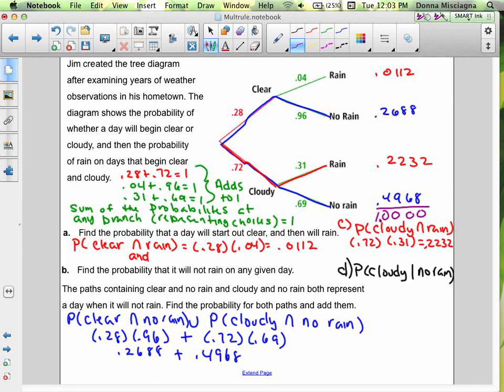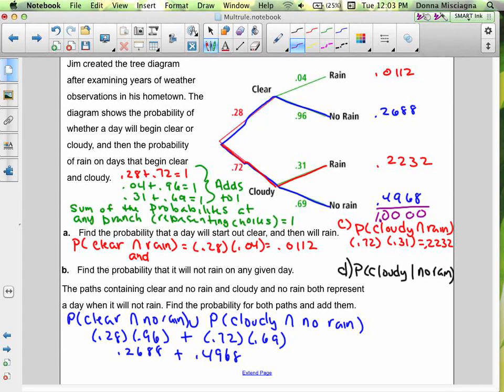When we add them all together, the probability is 1. So it doesn't matter which set of branches you're going down. When you look at your two options, clear and cloudy, rain and no rain, or if I go all the way down the branch, clear and rain, clear and no rain, cloudy and rain, cloudy and no rain, no matter what, it adds up to 1.